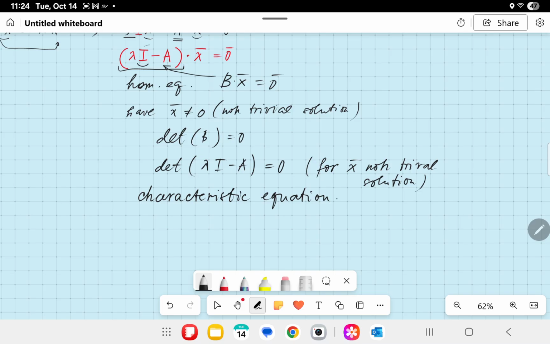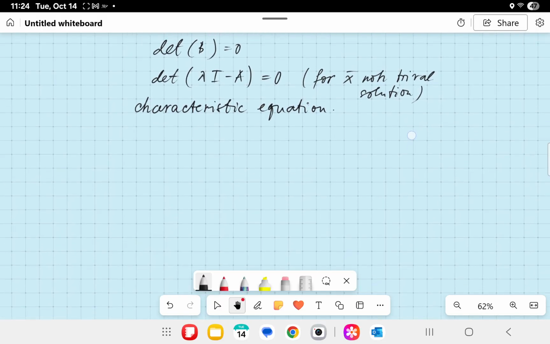Right now it looks like some kind of matrix equation, but actually it's not. It's just a polynomial equal to 0.